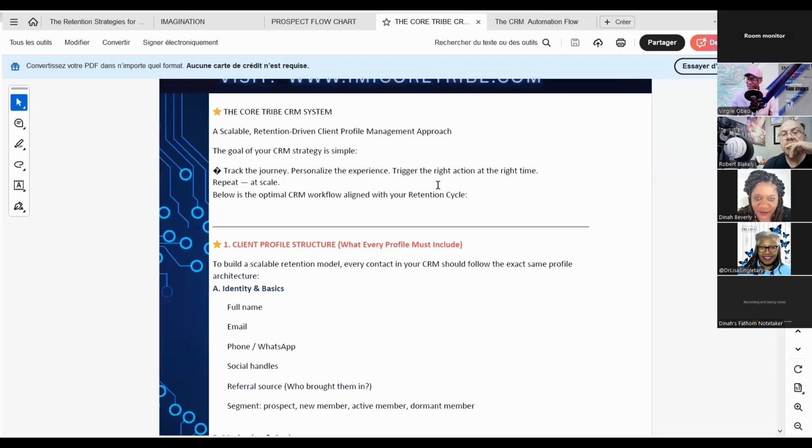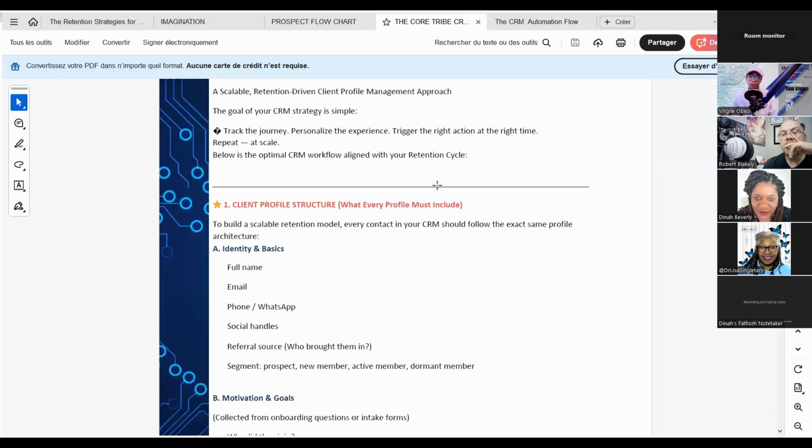Yesterday, we went over key factors. First and foremost, around the prospect profile, right?